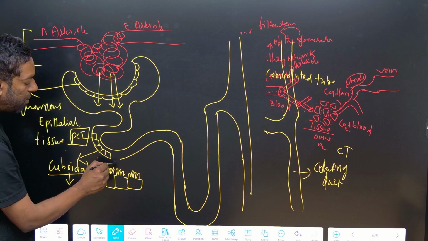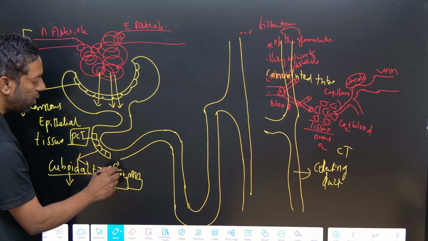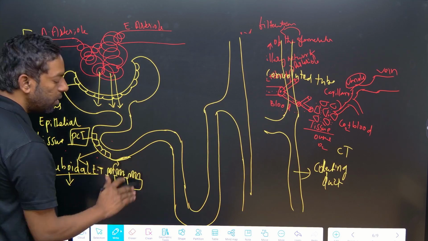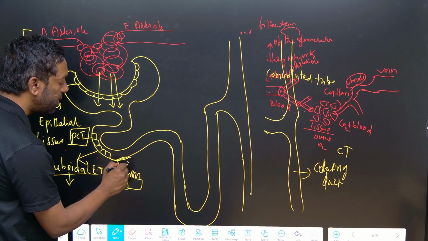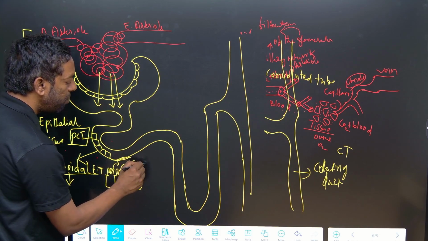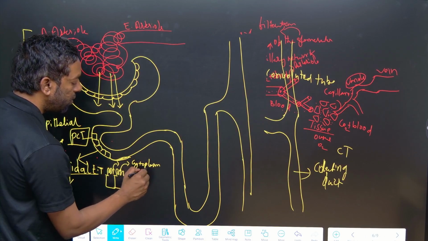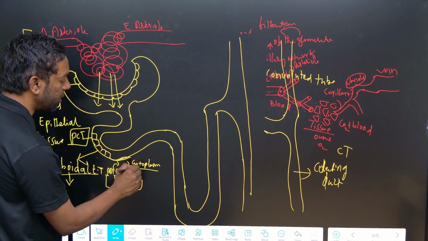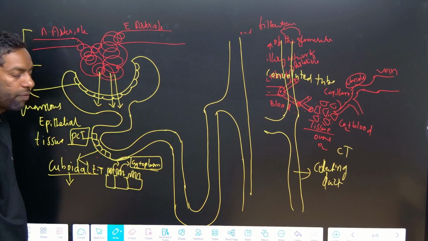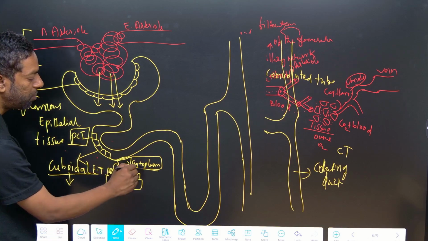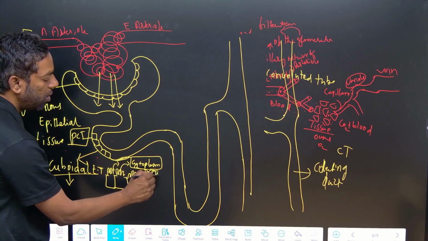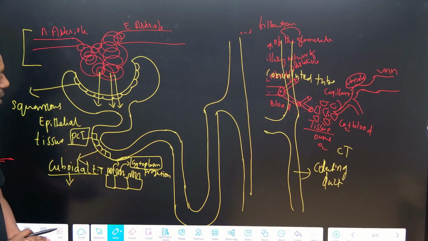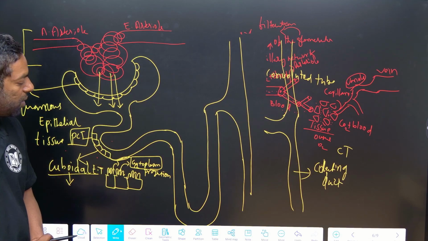This is the brush border, a finger-like structure, where the cytoplasm extends out to form finger-like projections, called brush border cuboidal, to increase the surface area nearby the filtration, in the PCT, proximal convoluted tube.